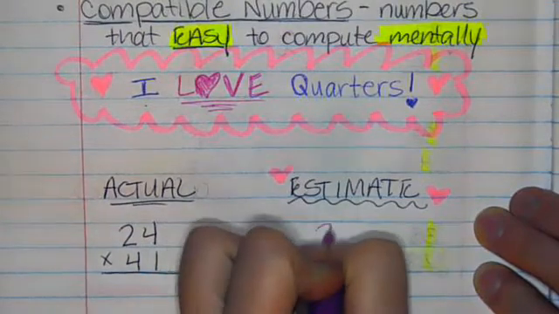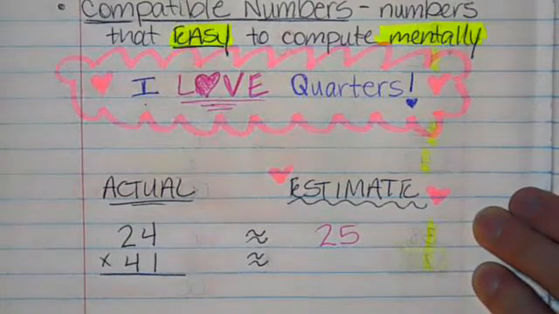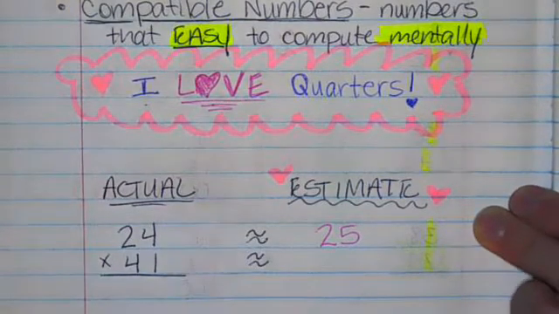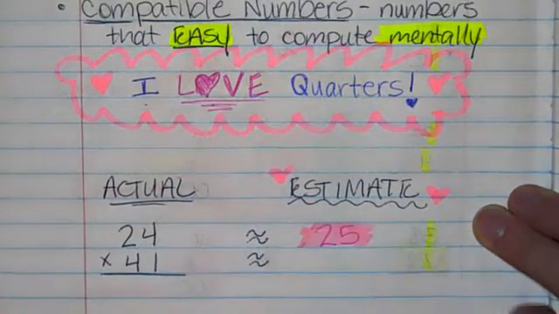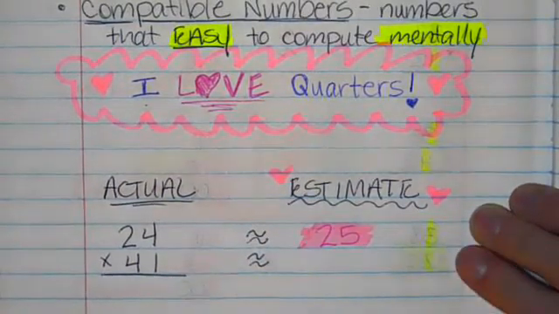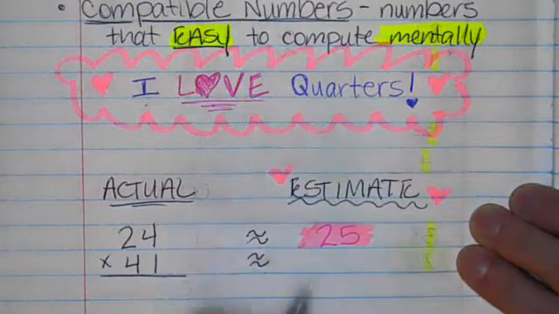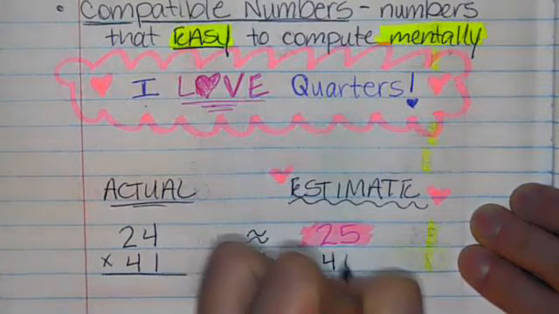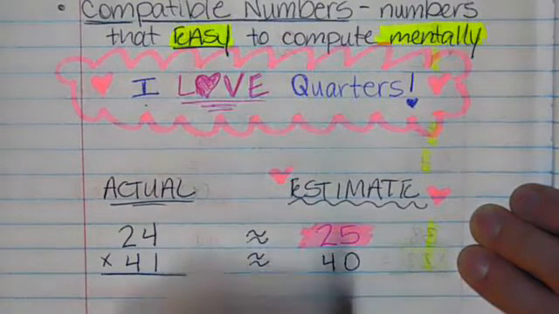So we're going to estimate 24 to the number 25. And then we're going to round 41 to 40, because 40 is way closer to 41 than 25. That just wouldn't make any sense. So I need to make sure that I round 41 to 40, because that is what it is closest to.